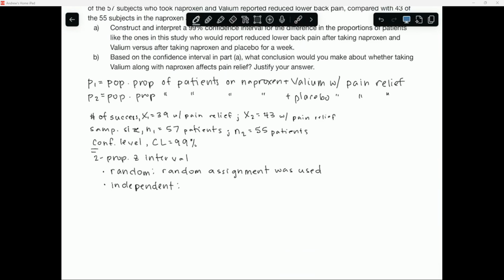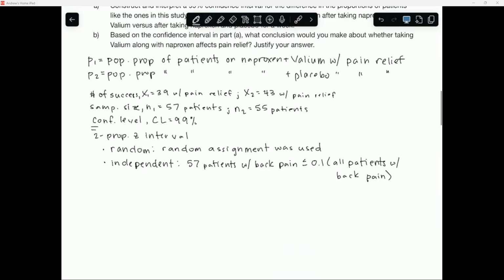So our first sample size was 57 patients with back pain, which is safe to assume that that is less than 10% of all patients with back pain. And we get a similar statement for the next one. Our second sample size was, did I do that backwards?